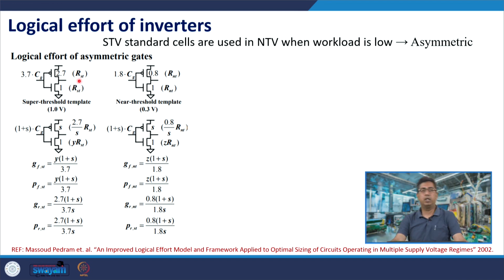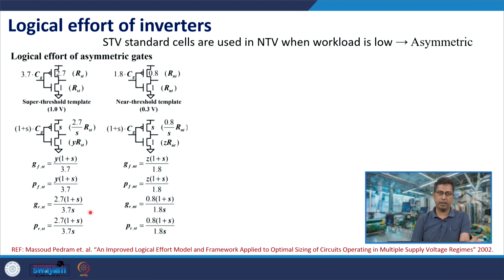Since all the standard cells are sized to have nearly the same Wp by Wn, the output rise and fall transition times, though they would not be equal in near threshold voltage operation, would fall in a ratio. How we deal with this situation, we will discuss as we go further.